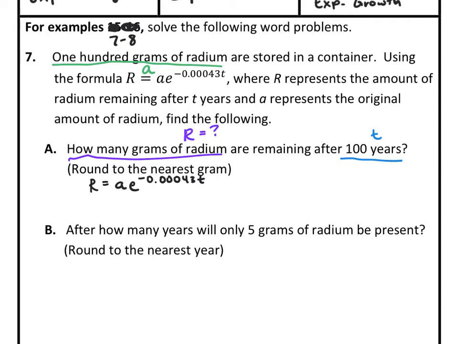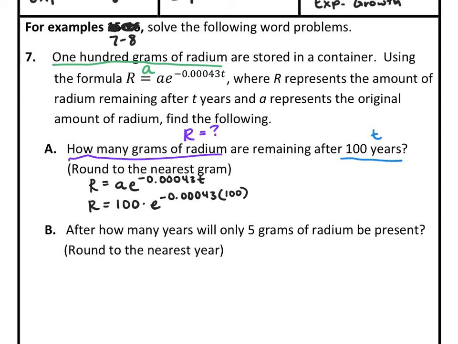Okay, so then let's substitute what we know. We're looking for R, but we know that the original amount of radium is 100 grams, times e to the negative 0.00043 times how many years? Right, 100.